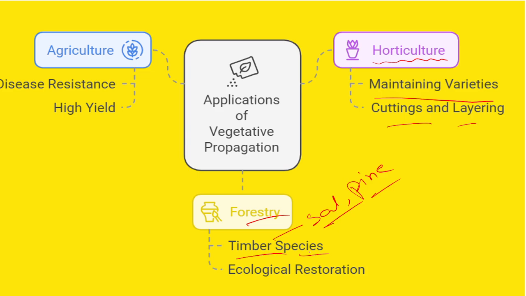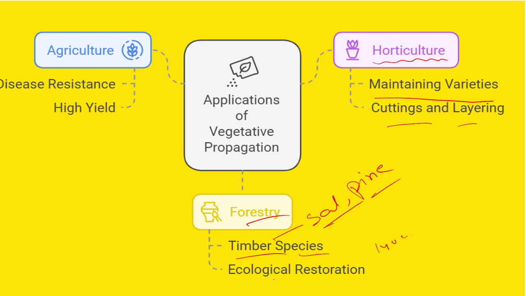Another is ecological restoration. Take the example of India, where the population is very high, maximum 140 crore. There is a requirement for homes, for business, for schools, and many requirements for our personal life.